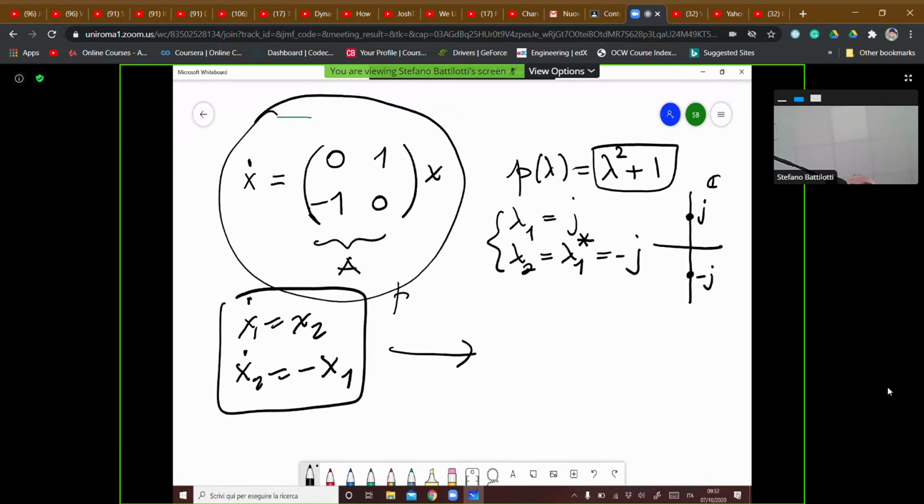So you can parameterize the frequency of oscillations simply by taking this.